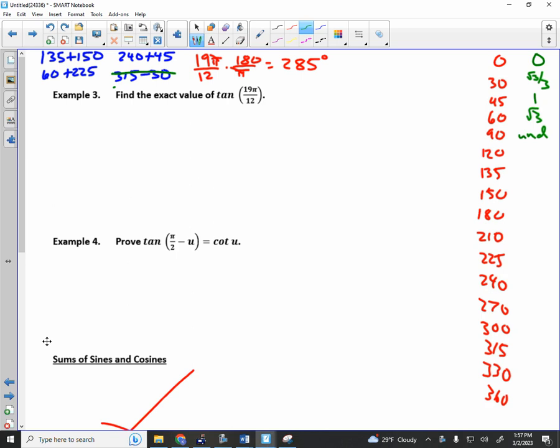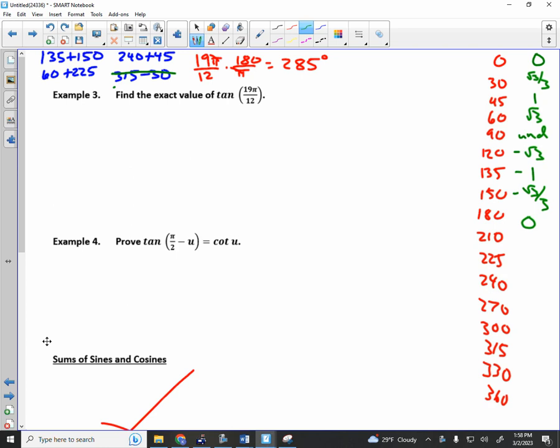And then you're just going around the unit circle, so it just cycles back down. You're getting into the second quadrant, so is tangent positive or negative in the second quadrant? It's negative. So the next one's just going to be negative root of 3, and then negative 1, and then negative root of 3 over 3, and then back to 0. See how it just cycles back down?